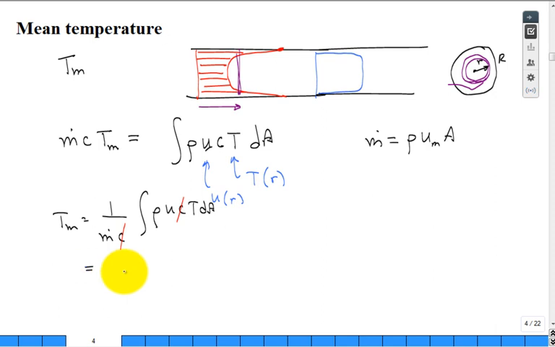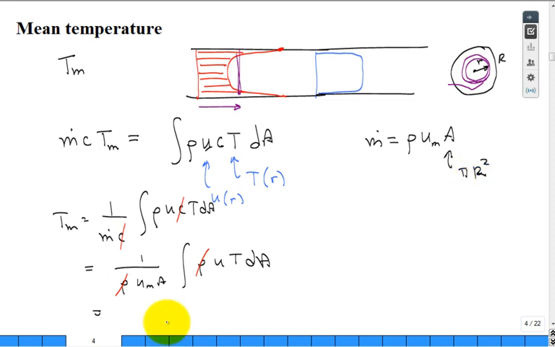So you could replace that m dot by rho U mean area, integral rho U T dA. Hey, do you think the constant density could be canceled? Sure. And so probably you could stop there, or you could even do this. What is the total area of the pipe? Pi cap R squared, true?